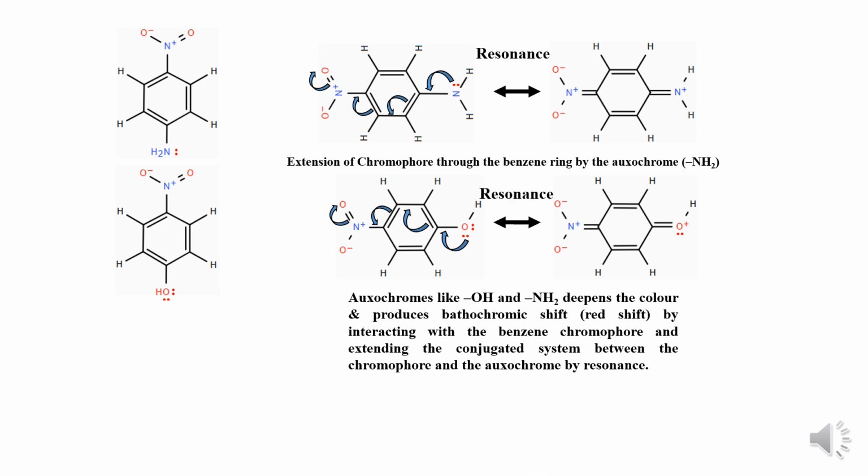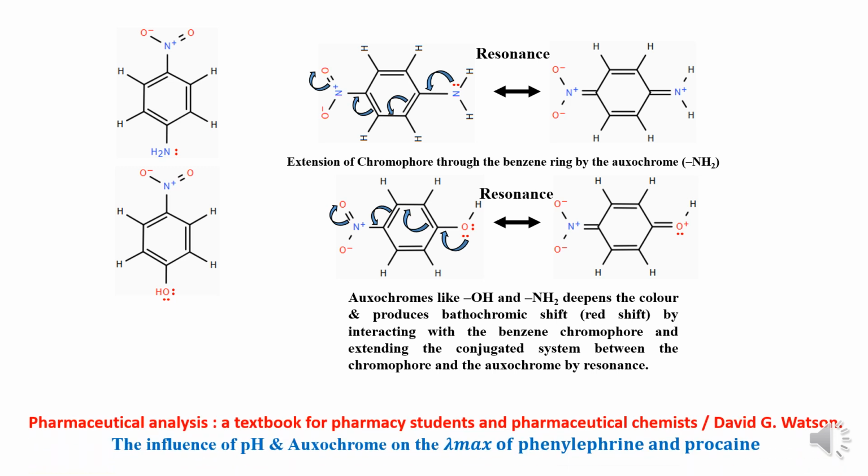So here resonance plays a key role. It plays a key role in bringing about the extension of the chromophore through the benzene ring that is brought about by the auxochrome, be it OH group or amino group.